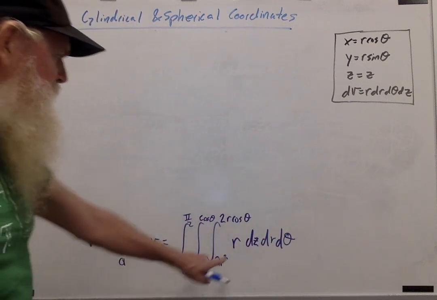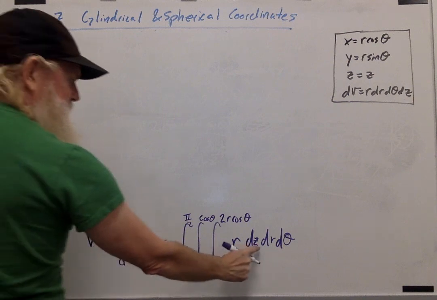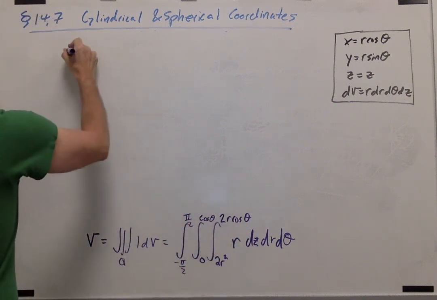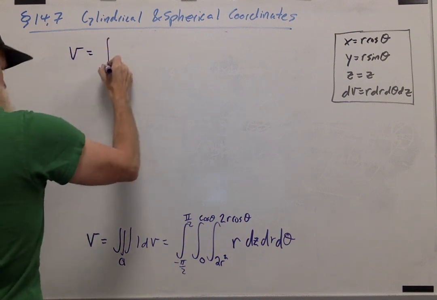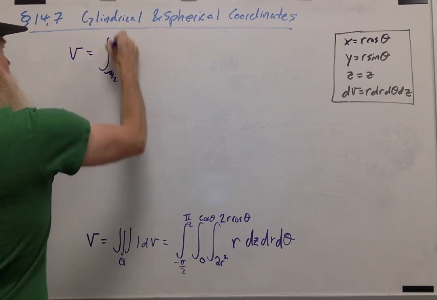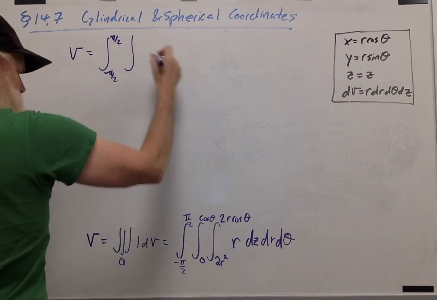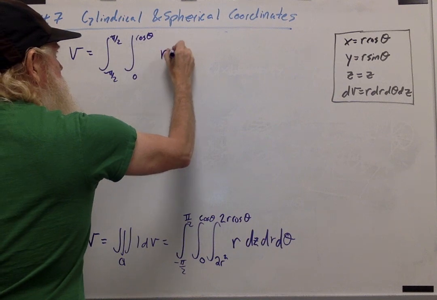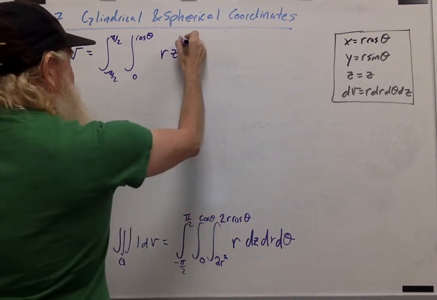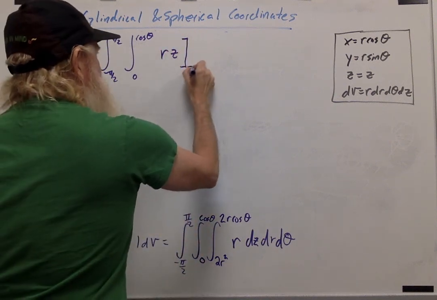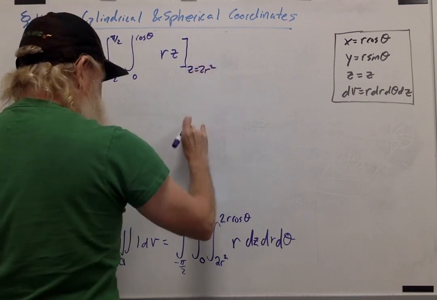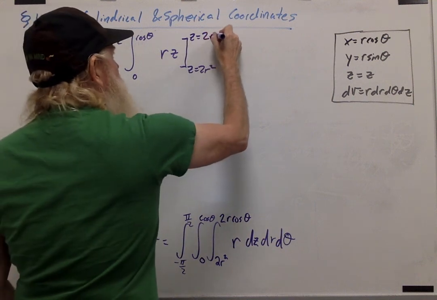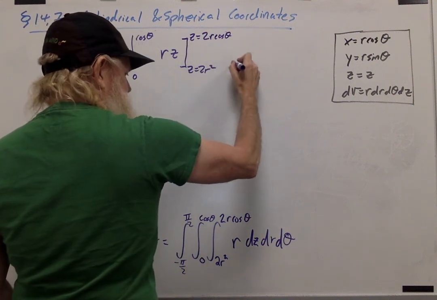Starting on the inside, we first integrate with respect to z, and the integral of r with respect to z is r times z. And that rz is going to be taken from z equals 2r squared to z equals 2r cosine theta.